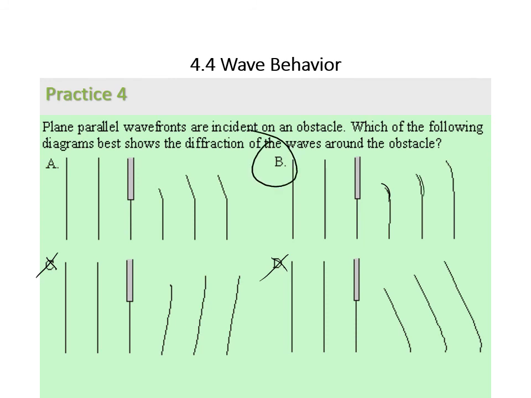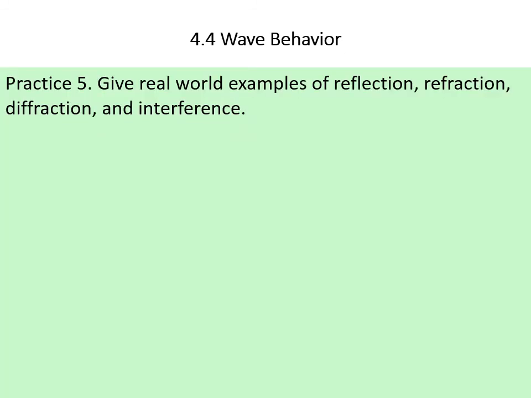Choice B. Give real-world examples of reflection, refraction, diffraction, and interference. Please note, you need to know this. These are the 4 main wave behaviors. All waves reflect, all waves refract, all waves diffract, and all waves interfere with each other. So I'm going to give an example for each of the behaviors, and then you're going to give me different examples for each of the behaviors.